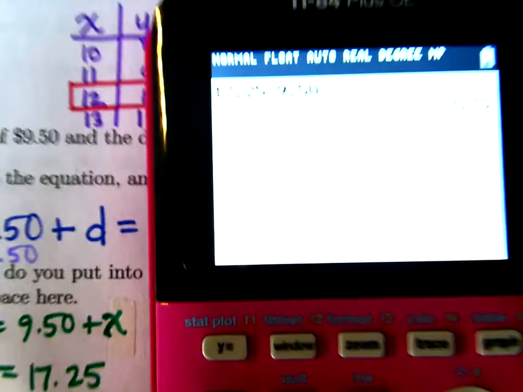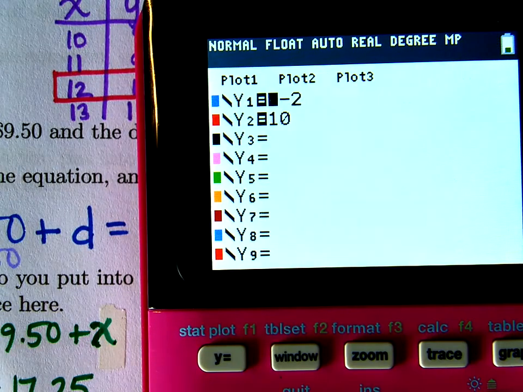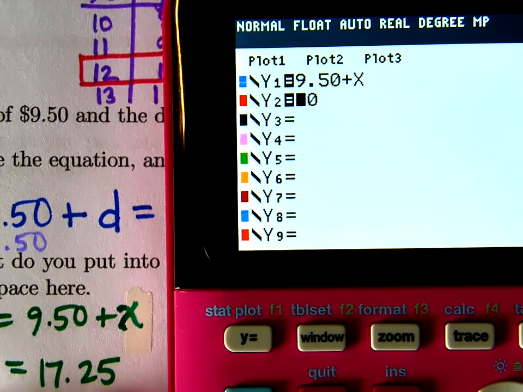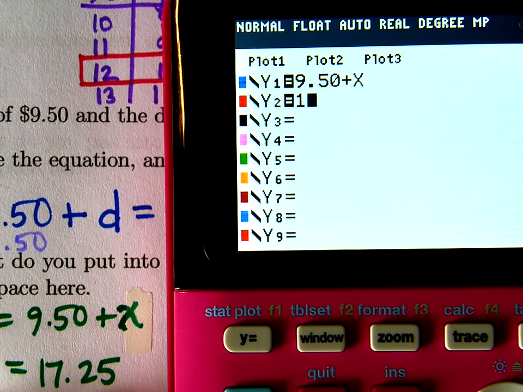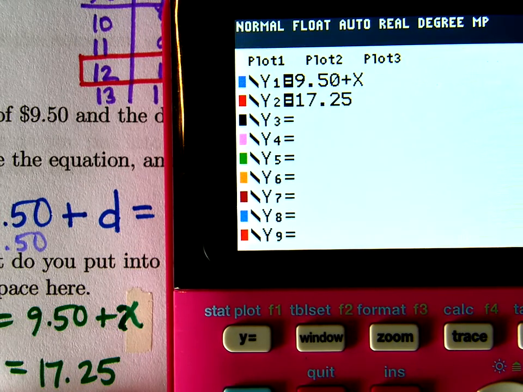So let's zoom here. I go to Y equals. What do we have? We actually have X plus $9.50. Or if you're like, no, that wasn't it, it was $9.50 plus X. And the right side was $17.25.